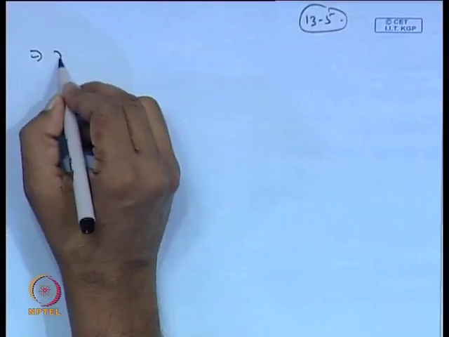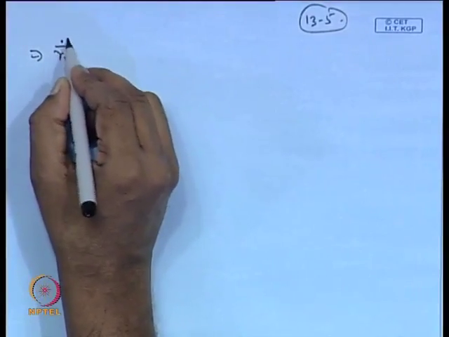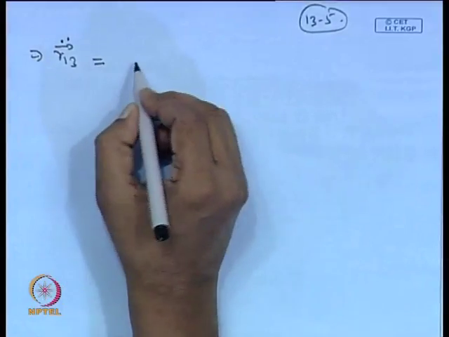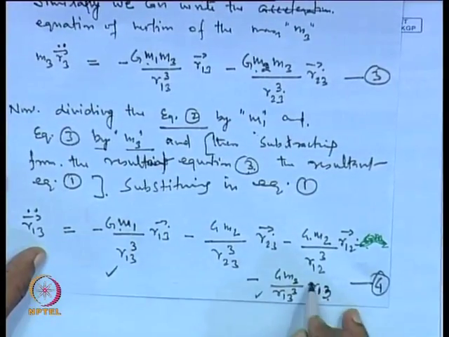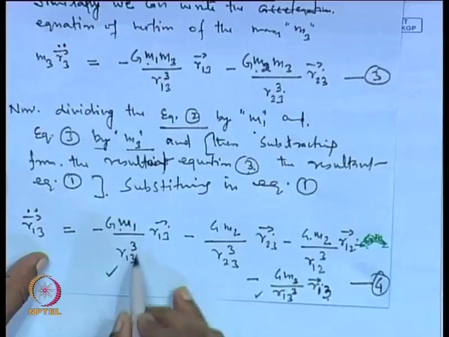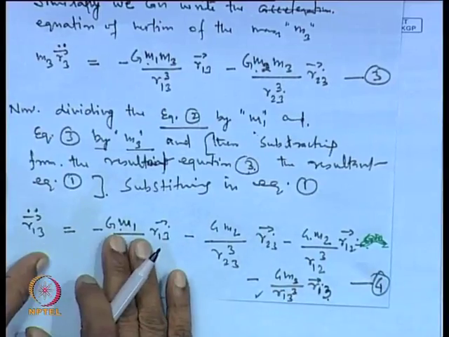So, this implies r13 double dot. This we can combine some of the terms together. So, we have this term and this term, they are related to the r13 vector. So, we can combine them together.